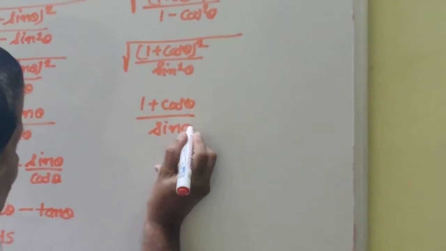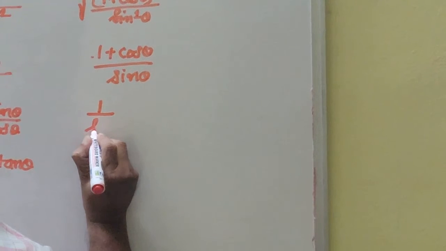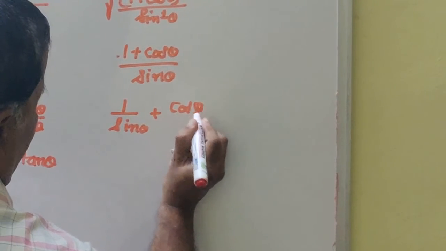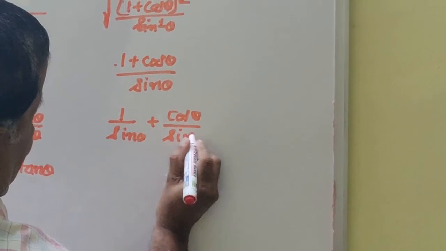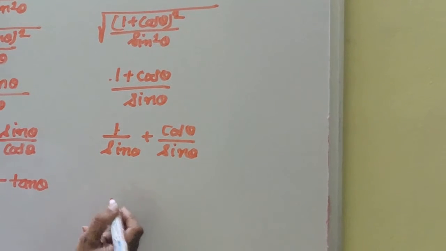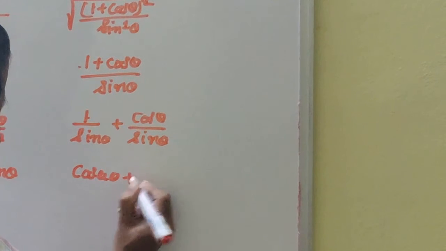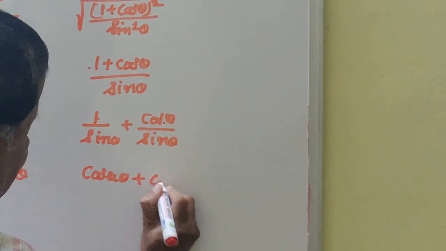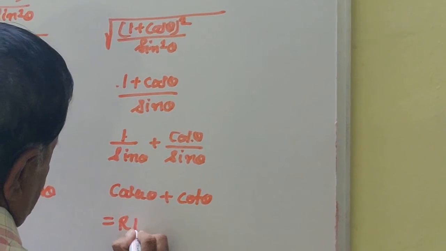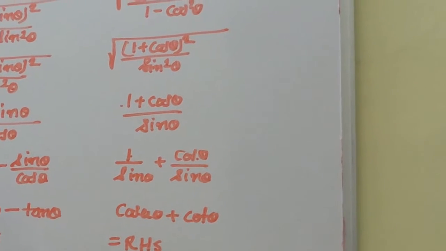So I will get 1 plus cos theta upon sin theta. Now denominator separation: 1 upon sin theta plus cos theta upon sin theta. The value of 1 upon sin theta is cosec theta, already told you, and the value of cos upon sin is cot theta. This is equal to RHS, meaning you apply the algebraic method for solving the identity.